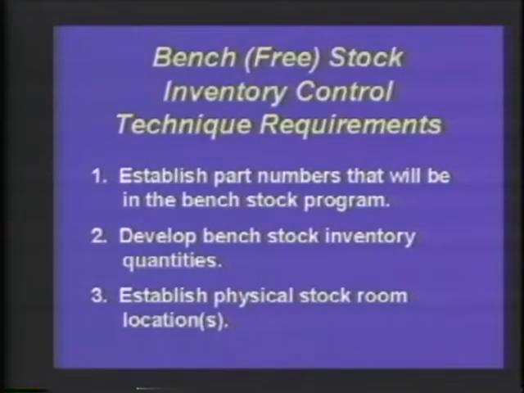The term 2-bin means that some inventory is going to be housed in a repair shop, but the balance of the inventory, the major portion, is going to be retained in the storeroom. Step 3 is establish the physical location of where the items are going to be physically housed in the storeroom.